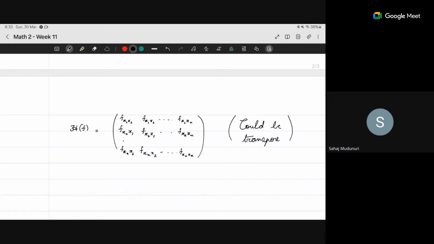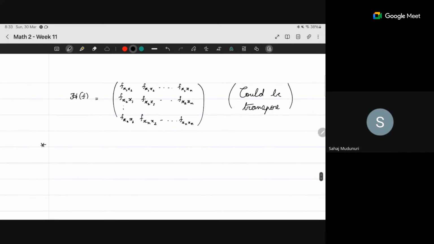That is, by definition, a symmetric matrix. H of f is symmetric if Clairaut's theorem is satisfied.